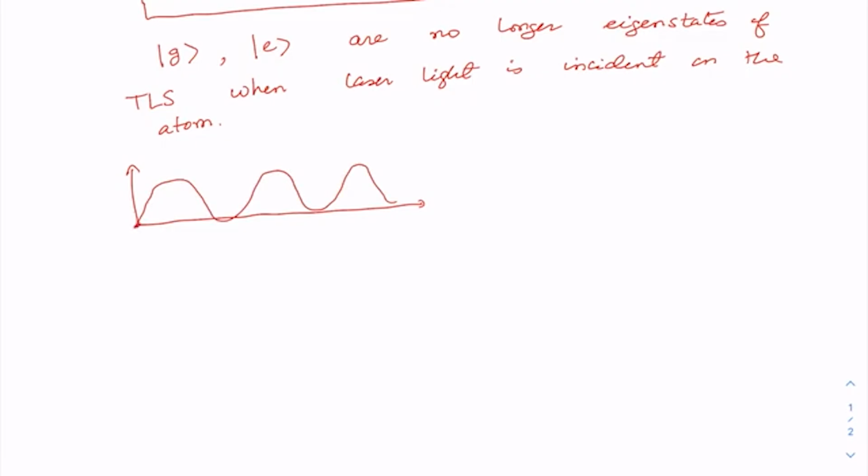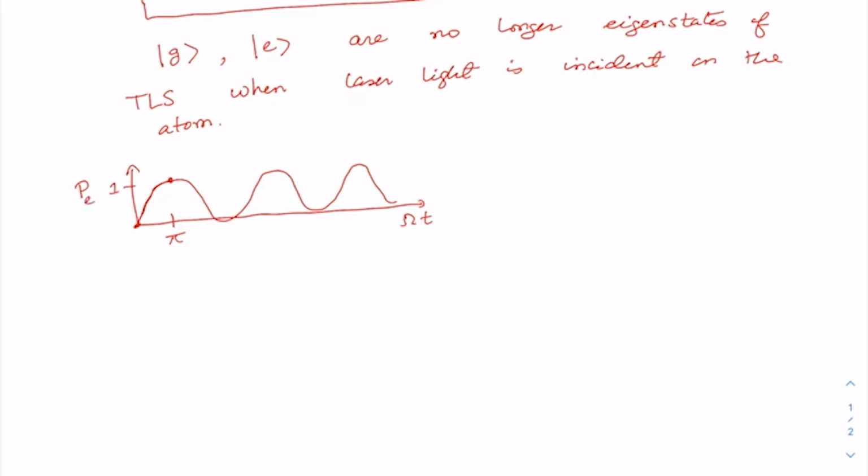Suppose initially it was in the ground state, as when we worked out the probability. The atom goes from the ground state to the excited state, and after say omega t equal to pi, the atom would be in the excited state.